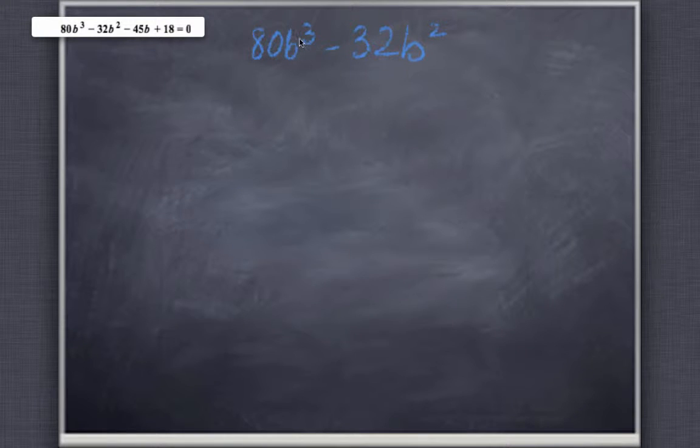I have 2 here and 3 here. The lowest number then is 2, so I'm going to be able to factor out a b squared. But in the same way, between 80 and 32, I would factor this however I wanted to. Probably you would do 8 and 10. Maybe here you'd do 2 and 16.